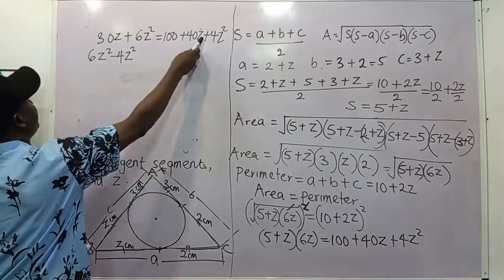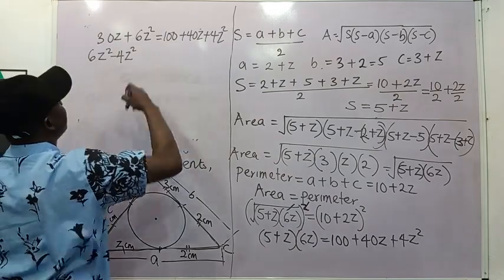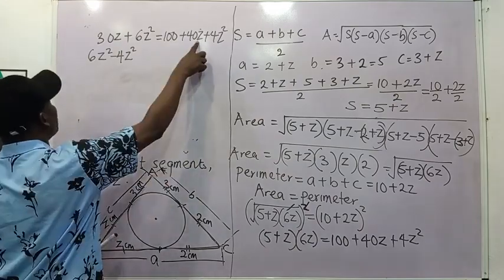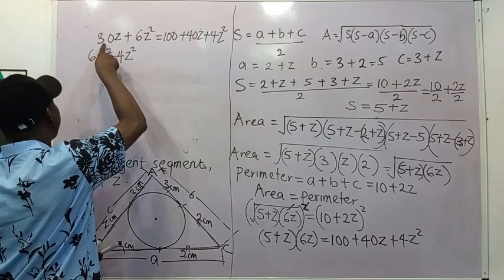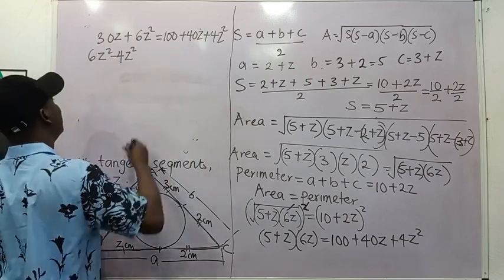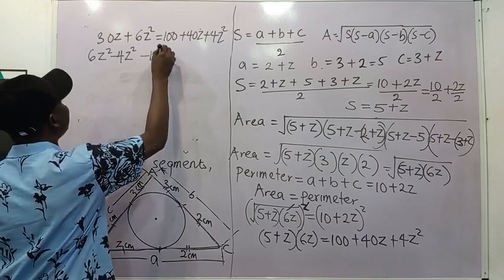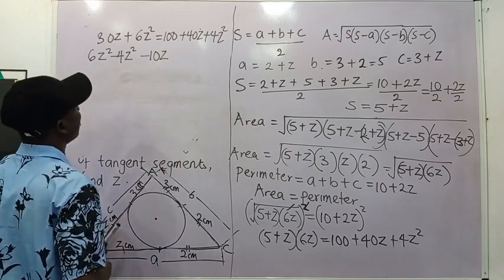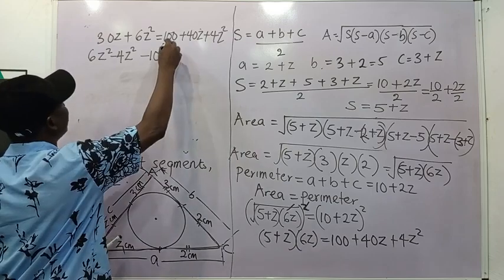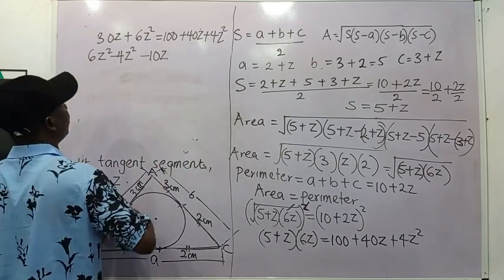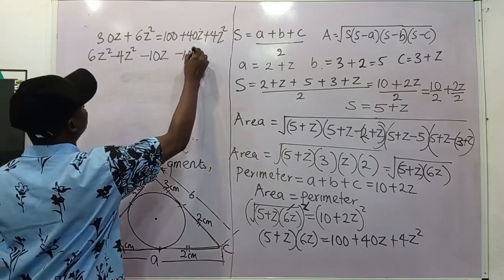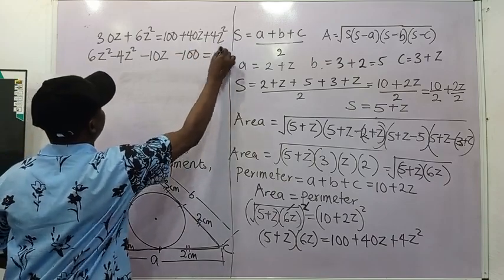Now, let this one move here. If this one move here, it becomes minus 40z. The 30 minus 40z that is moving will give us minus 10z. Okay, what are we to move now? Let's move this 100 to this other side. It now becomes minus 100 equal to 0.